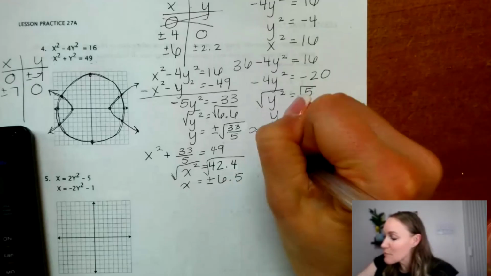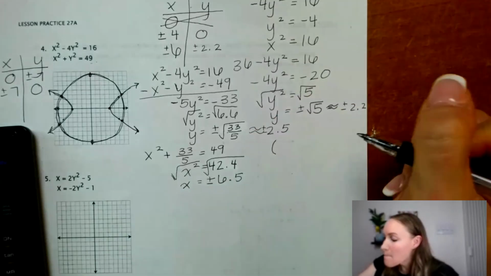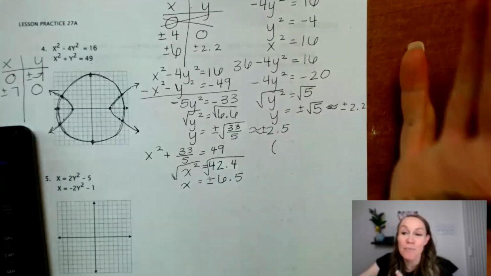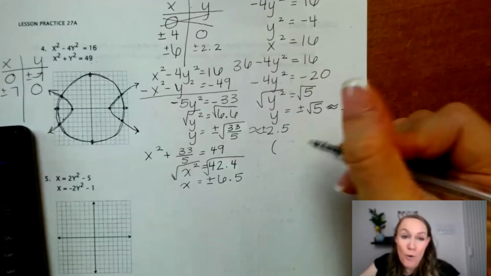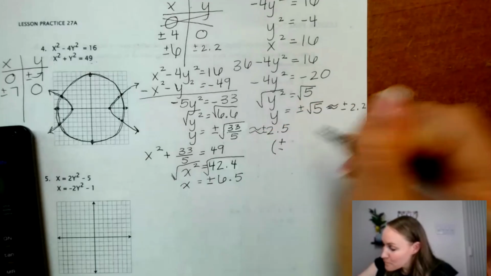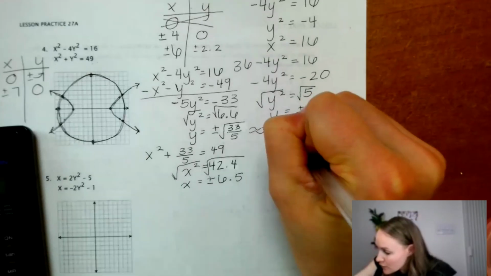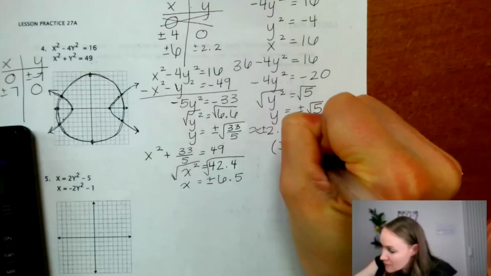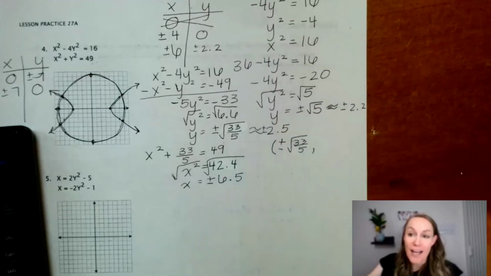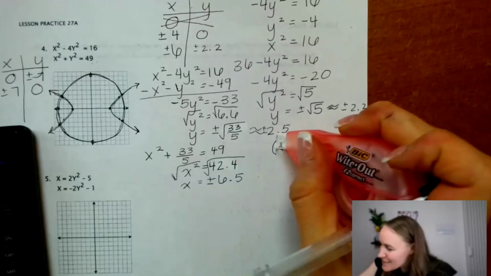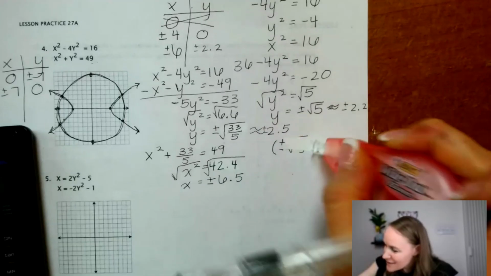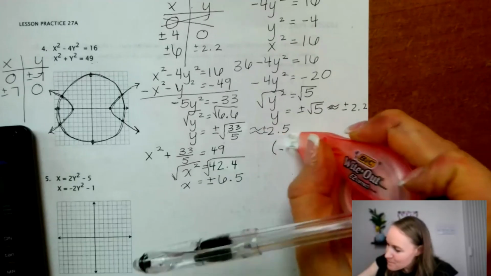So this is really messy and not nice, but they're both plus minus, so that does give me 4 points. So plus minus square root 33 over 5, comma, oh, that's my y. Someone stop me when I make a mistake. Okay.